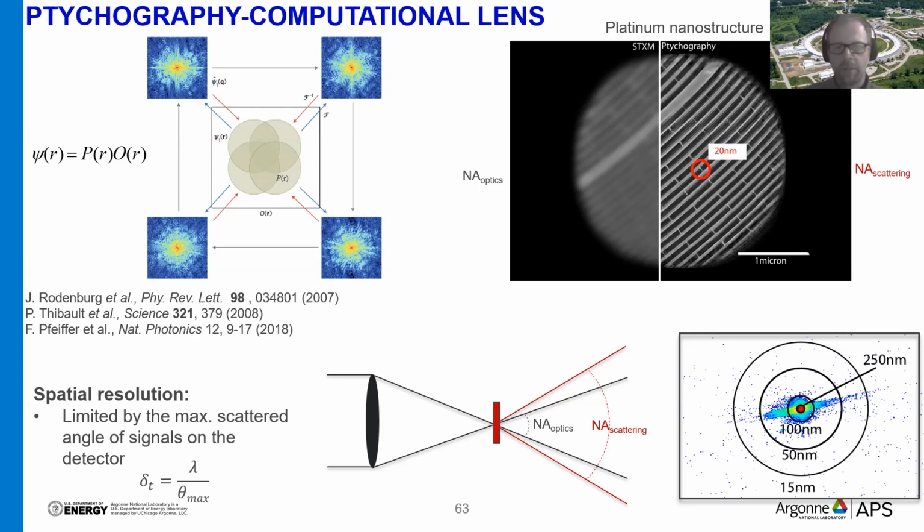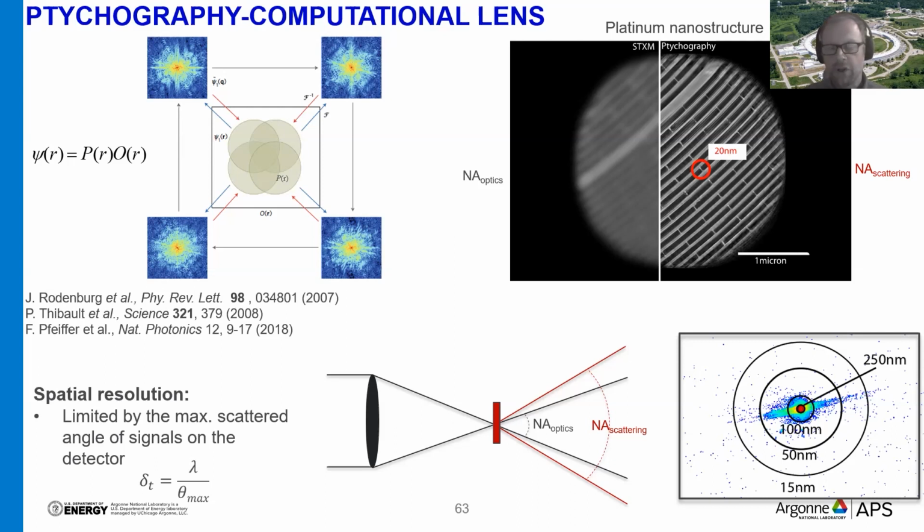And then on the top left-hand side, through an iterative algorithm where you collect overlapping diffraction patterns, you reconstruct the actual sample. In that case, you're limited only by how large your detector is in terms of what kind of resolution you can achieve and how stable you can keep your setup.